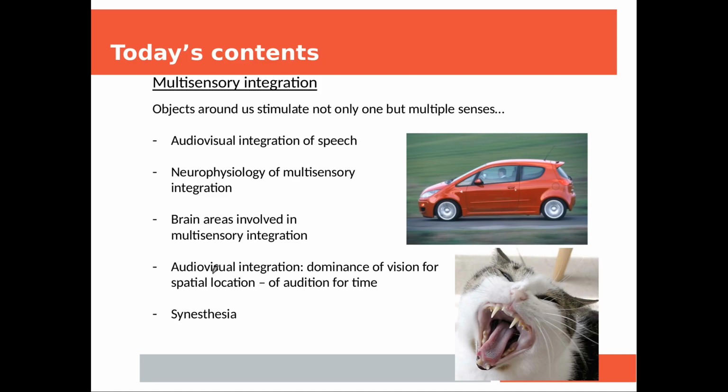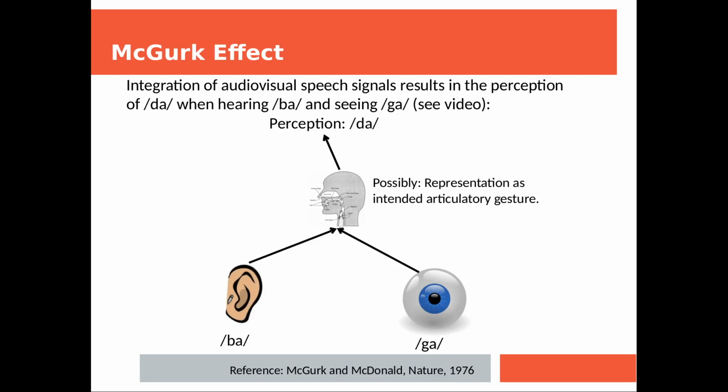Then I'll talk about audiovisual integration, how vision dominates audition in humans, using a little video example. And at the very end, I'll talk about synesthesia, I don't know if I should call it a disorder, but a condition in which people can sense perceptions from other modalities than the one that is physically presented.